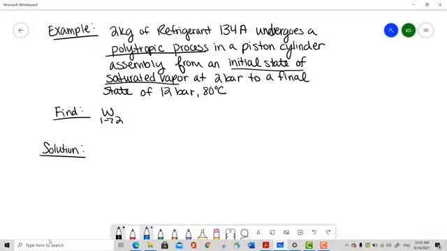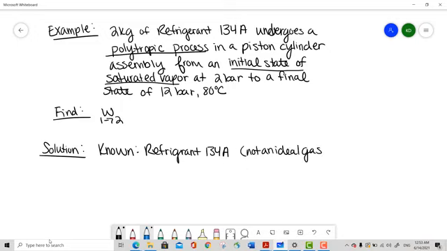So let's start off with our knowns. What do we know? We know we have refrigerant 134A. And we also know that it's not an ideal gas, so we can rule that out. This helps minimize our available formulas to use.